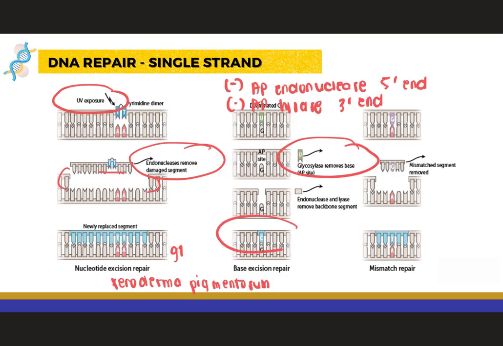And this one, no, ang responsible for filling and sealing the gap na nangyari is your polymerase and your DNA ligase will going to seal it.